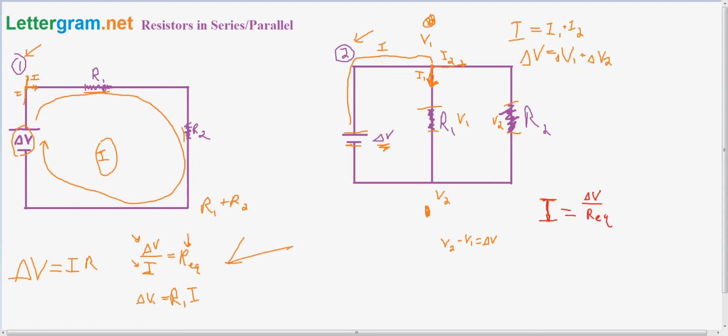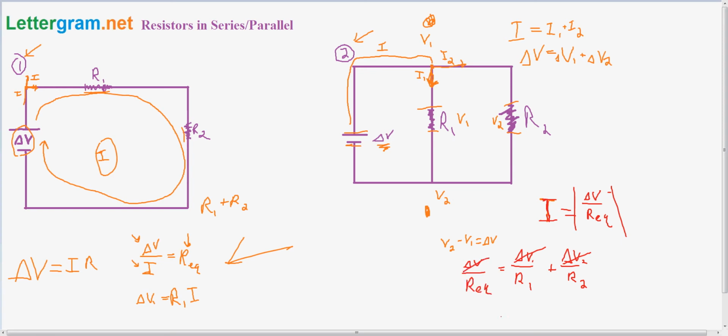However, if we just take this part right here, we have the change of potential divided by R1 plus the change of potential divided by R2. These two are going to be the same, so they're just going to cancel out, which is going to be equal to total potential divided by total Req.